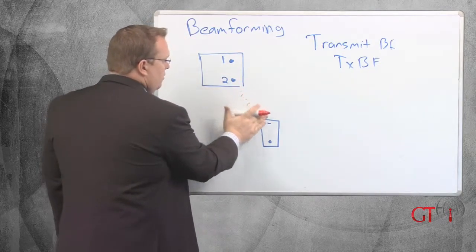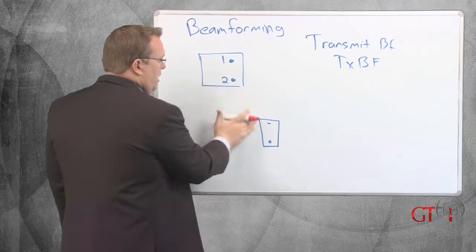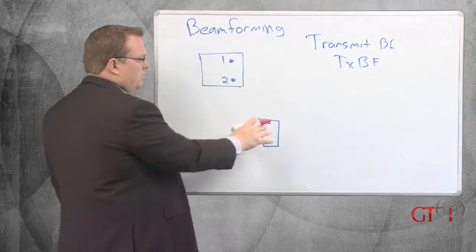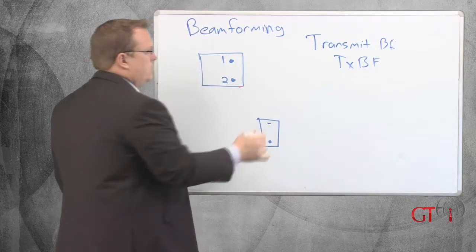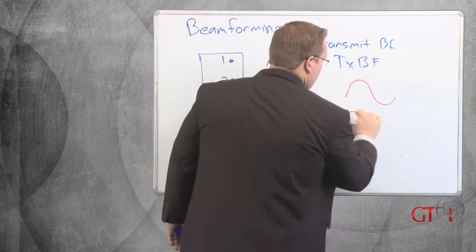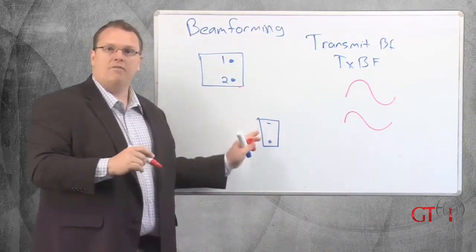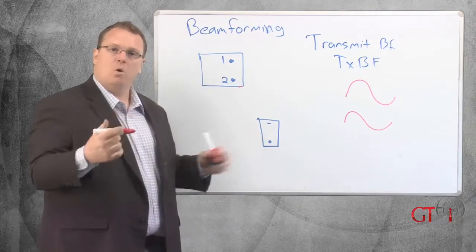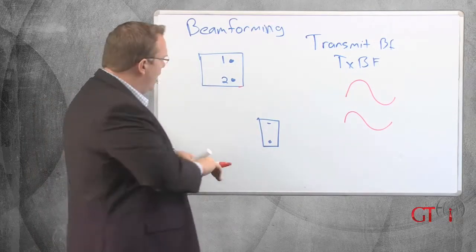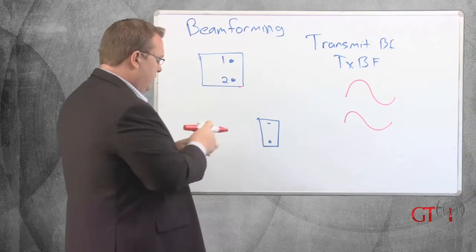Now think about this in reverse. If we had an access point, we wanted it to transmit to this phone two of the same signal, two of the same signal to arrive at this phone at the same time, what would we have to do? Well, you can kind of imagine what we'd have to do.